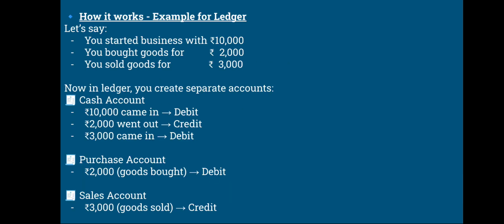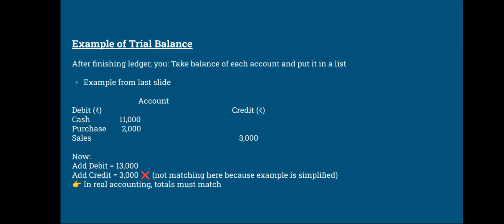So sales is credit because cash comes in but goods sold out. So sales is credit, and here we have recorded the 3,000 on credit side. If we total out both the debit and credit, these are not equal. Because of that, this trial balance is incorrect.